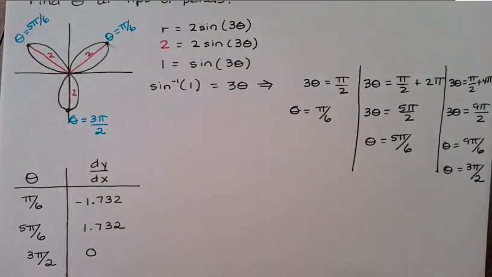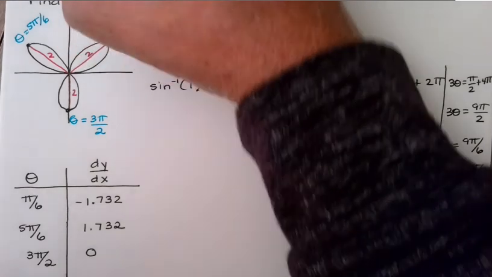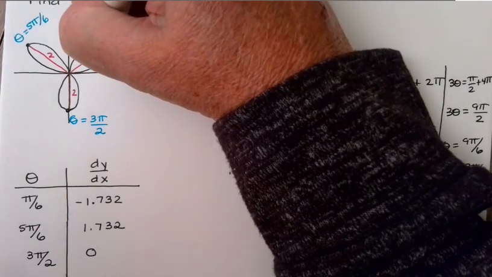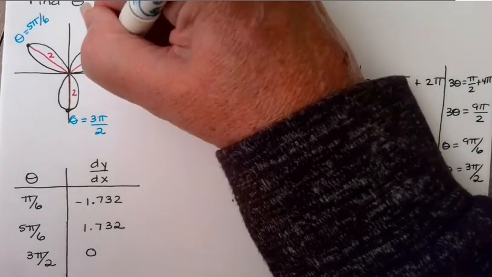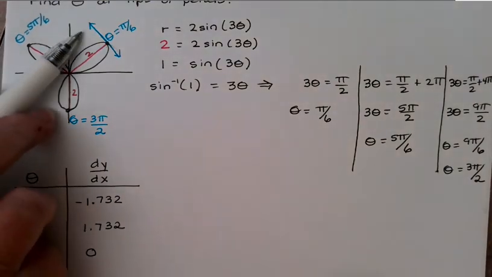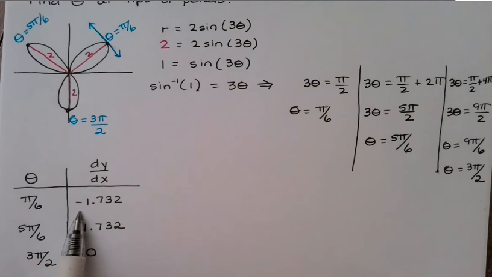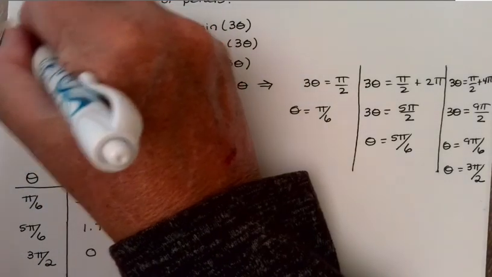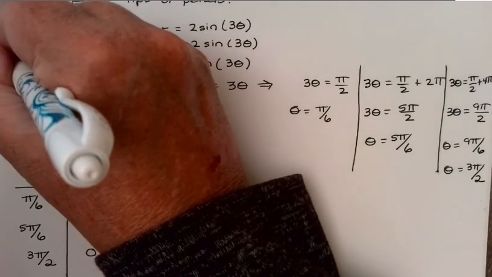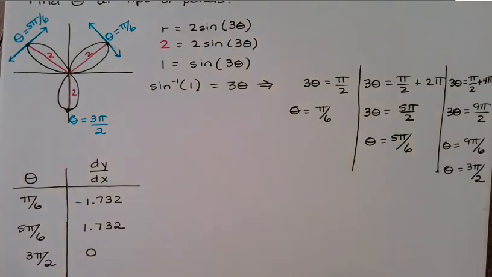All right, let's see if those make sense. At pi over 6, my tangent line would look like that. It would definitely have a negative slope, just like we got. And at 5 pi over 6, my tangent line would look like this, and it would have a positive slope.